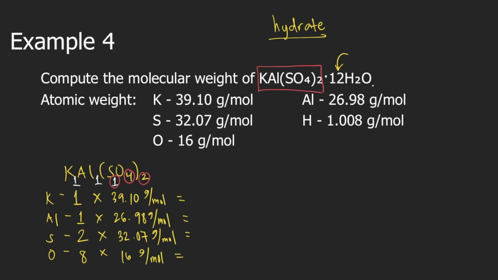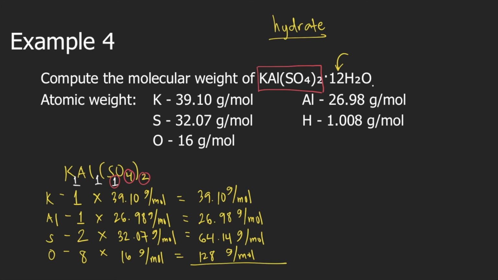Solve this using your calculator. For potassium, that's 39.10. For aluminum, that's 26.98. For sulfur, that's 64.14. And for oxygen, that's 128 grams per mole.